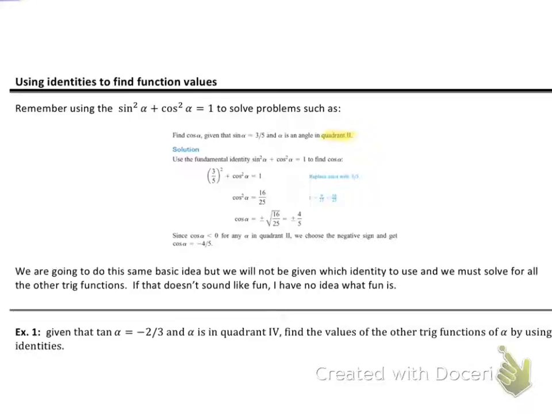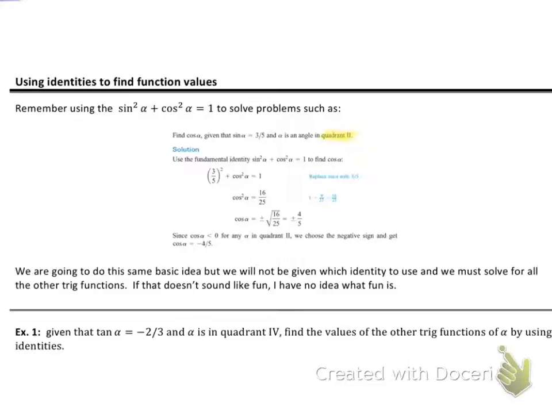That's the whole reason for that, is to know whether our answers are going to be positive or negative. So if I'm in quadrant 2, we have all students, so only sine is positive, so that meant that cosine would be negative. That was the whole point of telling you what quadrant it's in. We're going to be doing almost the exact same thing, except this time we're going to use other identities to solve for all the trig functions.